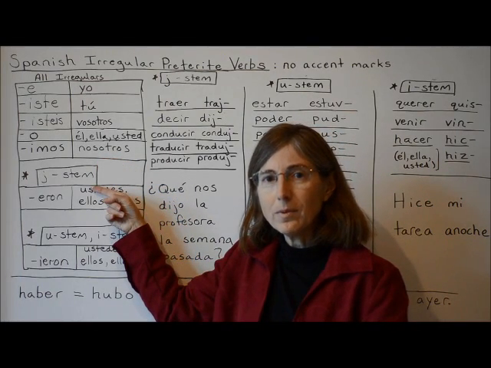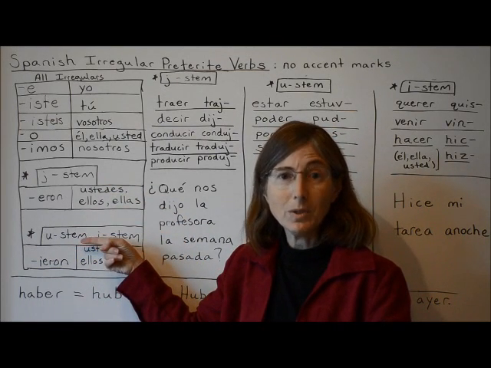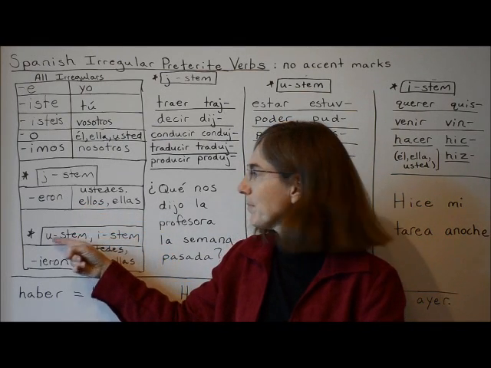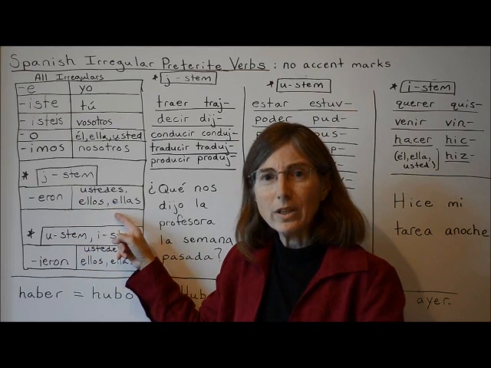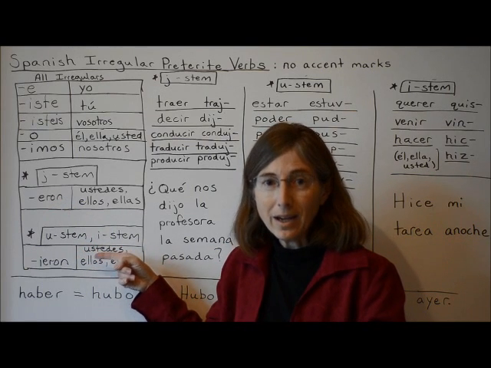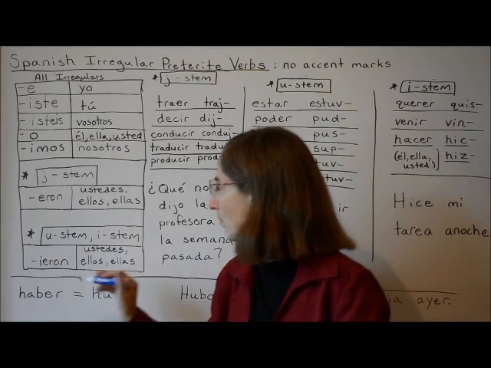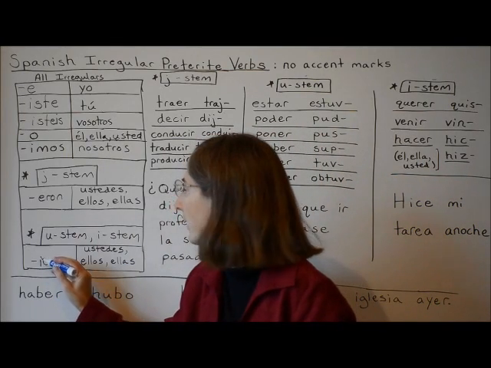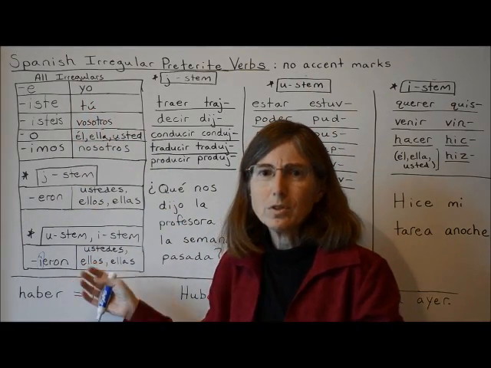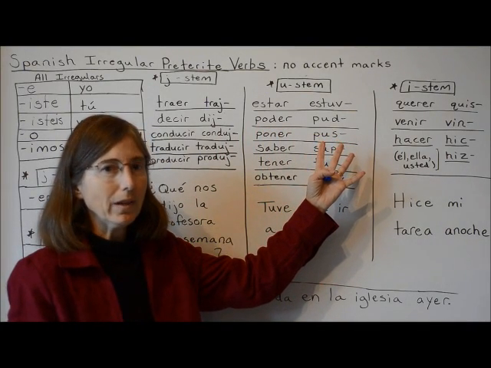The J stem and the U and I stem have different endings depending on the type of irregular verb they are. So the J stem verbs for the ustedes, ellos, and ellas form have eron, and the U stem and I stem irregular verbs have ieron. So the only difference is this little I right here. So these are the endings for the irregular preterite verbs. And these are the three categories for the stems for the irregular verbs.